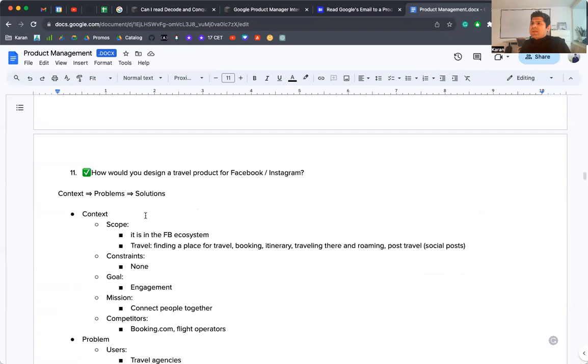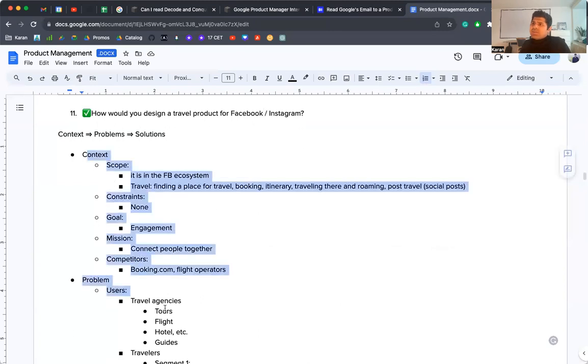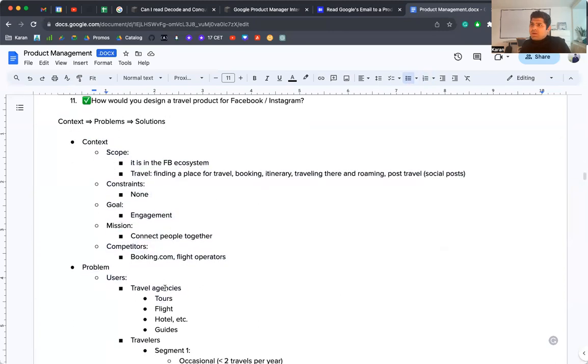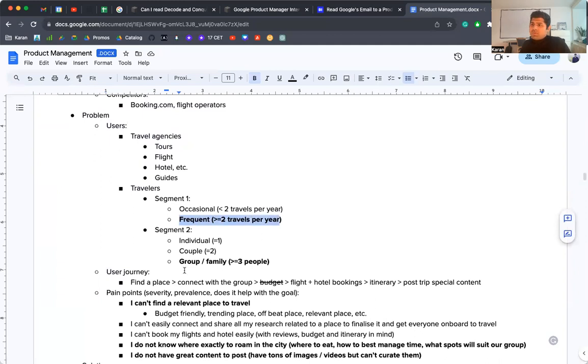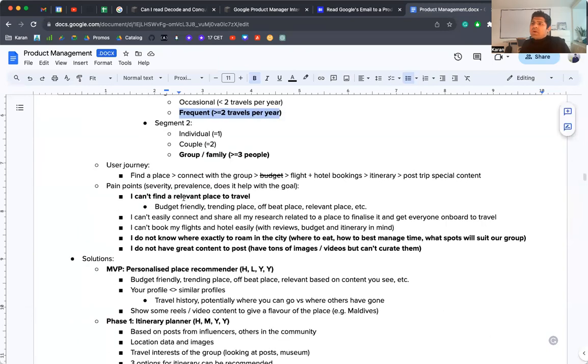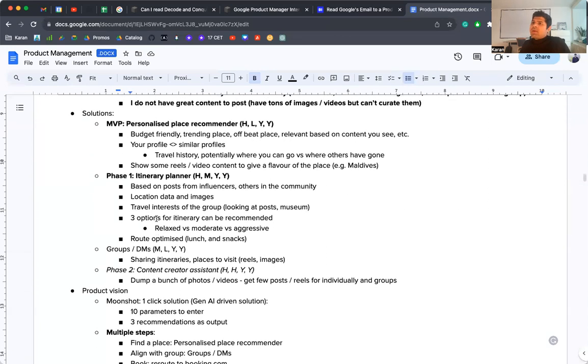Okay, so summarizing the travel product for Facebook or Instagram, we looked at the high level context and aligned on building the travel product in the Facebook ecosystem. From a user segment perspective, we are looking at frequent traveler groups, and pain points mostly focusing on finding a relevant place to travel, itineraries, and then posting good content on social media for better engagement.